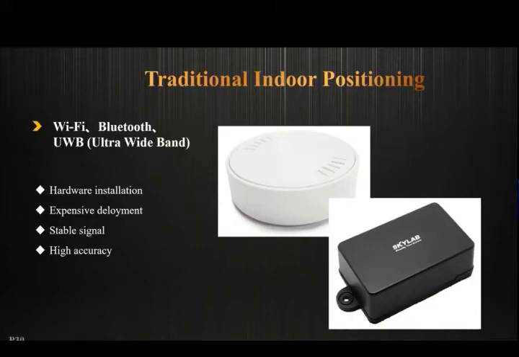So we have to rely on other indoor positioning technology. The traditional indoor positioning technology includes Wi-Fi, Bluetooth, or UWB. The advantage is obvious. They could provide a stable signal and achieve high accuracy of positions inside the buildings.